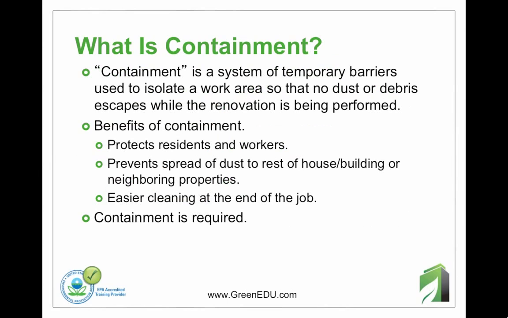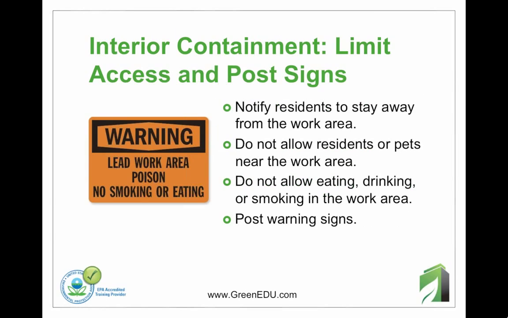If we go to the next slide, please. Here's a major component of this containment, which is basically treating the job like it's a crime scene. Look at the sign: warning, lead work area. They don't even hide from the word. They put it right on the sign. It's poison. It's exactly what you're creating when you're disturbing lead-based paint out there in the real world.